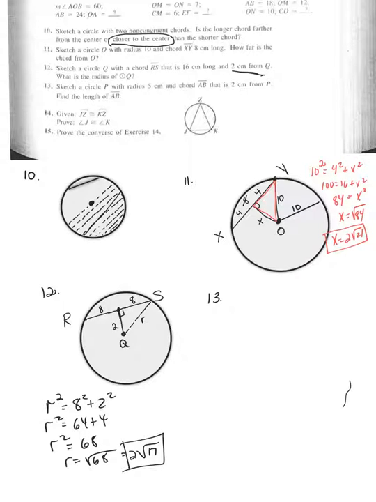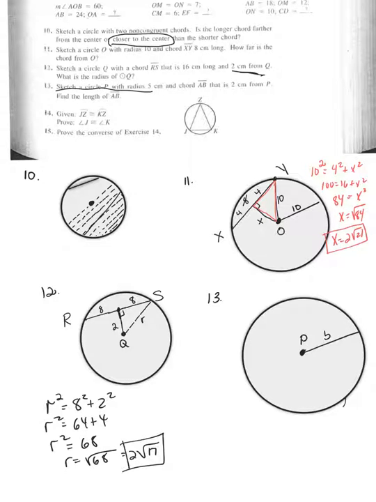Sketch a circle P. Okay, means the center is at P. Sketch a circle P with radius 5, and a chord AB that's 2 from P. So we'll have a chord AB that's 2 from P, so that means it's a right angle. Find the length of AB.